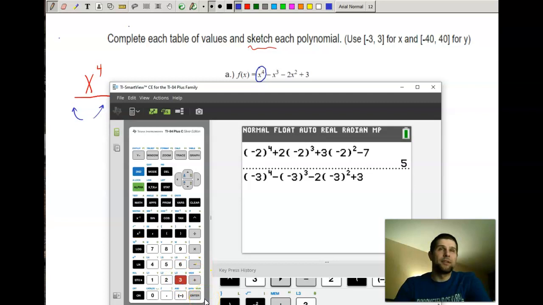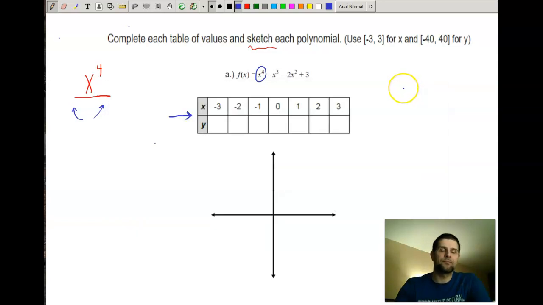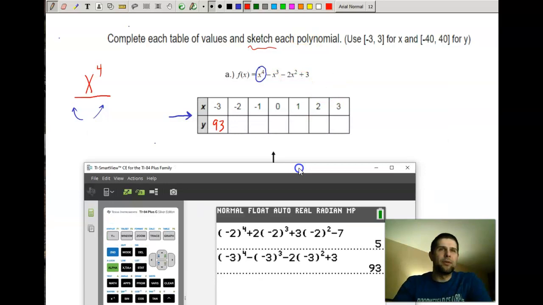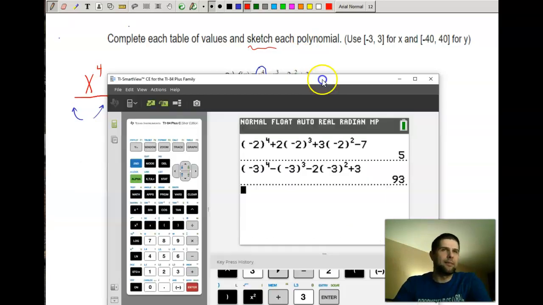So I could plug -3 into the function, and that's going to be 93. Then on my chart, I'm going to fill this in and say this is going to be 93. Even doing that, though, it's still going to be a pain to keep typing that out.